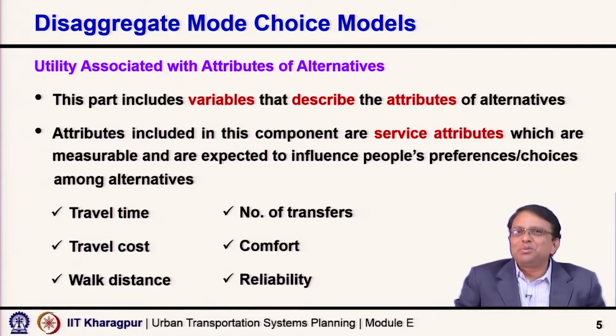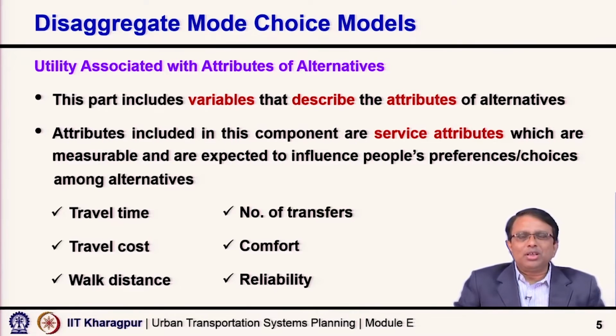Let us discuss a little bit about each of these components. First is utility associated with attributes of alternatives. Now, this part obviously, as I explained, includes variables that describe the attributes of alternatives.